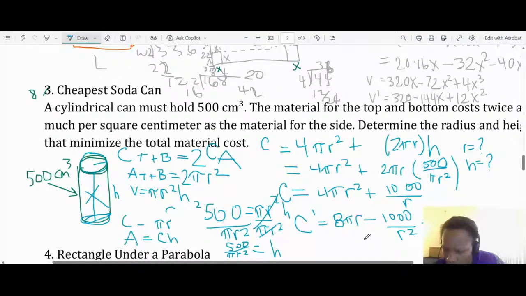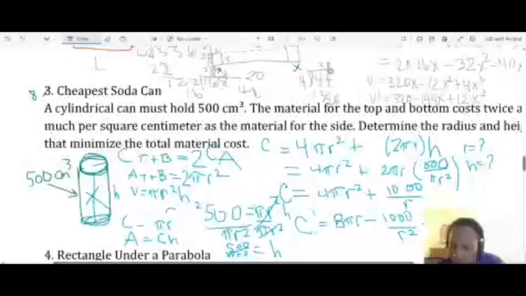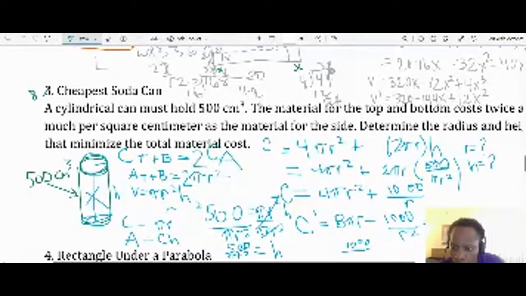If we add that to both sides, 1,000 over r squared equals 8 pi r. So 1,000 over 8 pi equals r cubed.